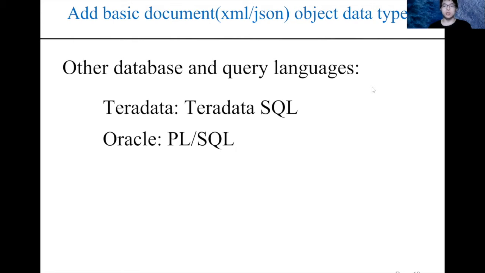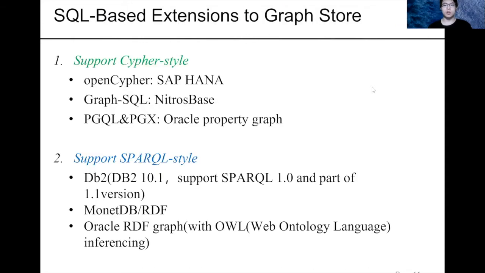Next, we will turn to the second kind of SQL-based multimodal query languages, which supports a graph model. Now we enter the third part of this section. SQL-based extensions to graph store are also not as prosperous as document support extension.